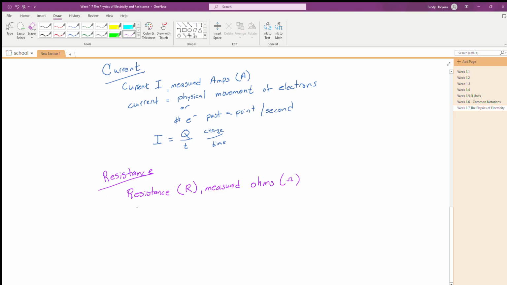And what resistance is, is the opposition to current.